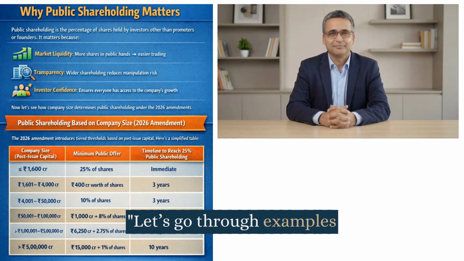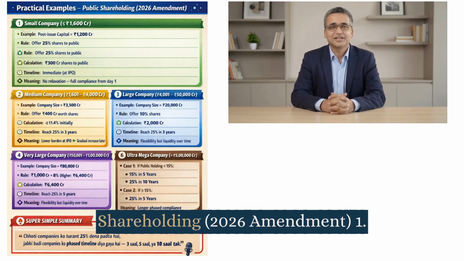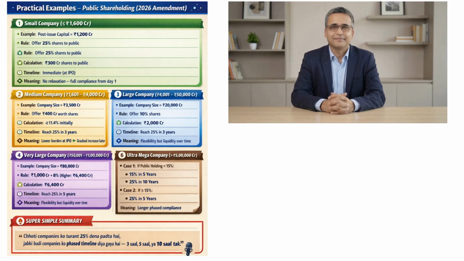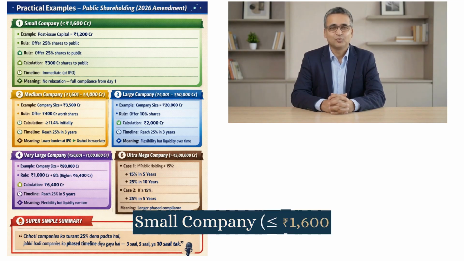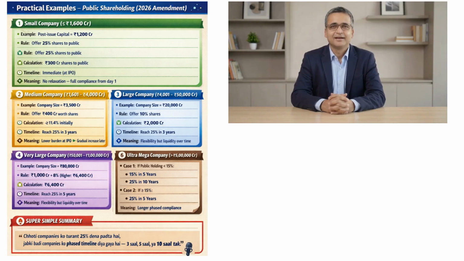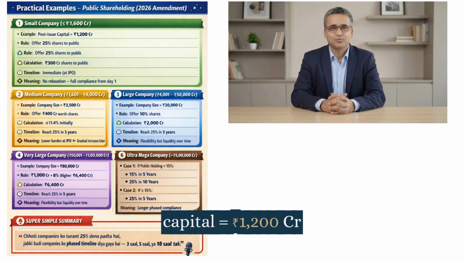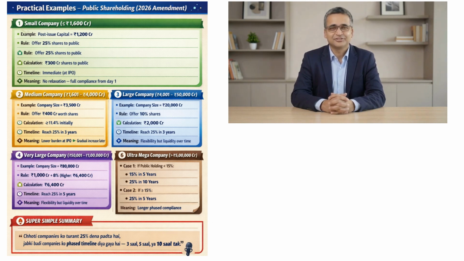Let's go through examples to make this crystal clear. Practical examples, public shareholding 2026 amendment. 1. Small company, up to 1,600 crore rupees. Example, a startup plans an IPO with post-issue capital equal to 1,200 crore rupees.